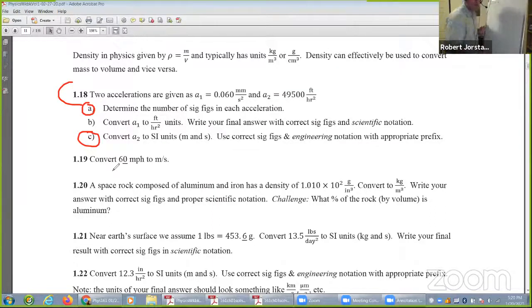So this is 1.18, I think. Is that what I said? 1.18, A and C.